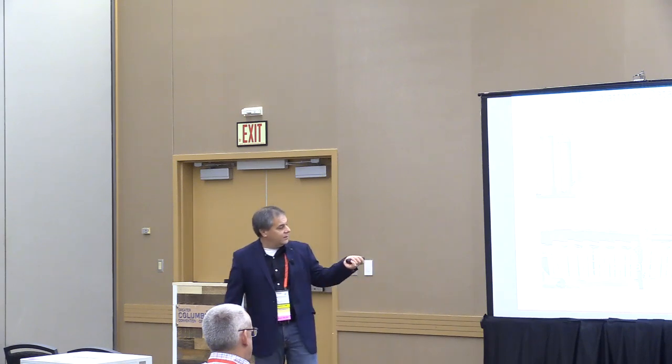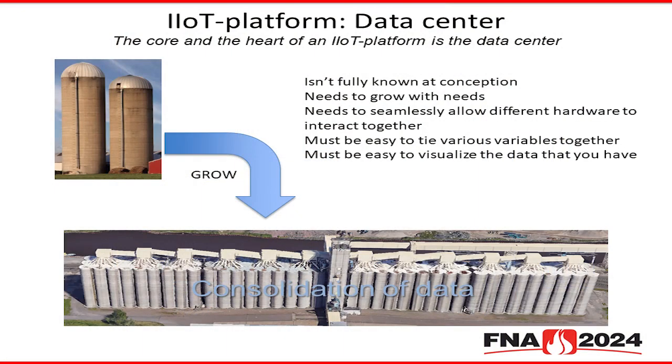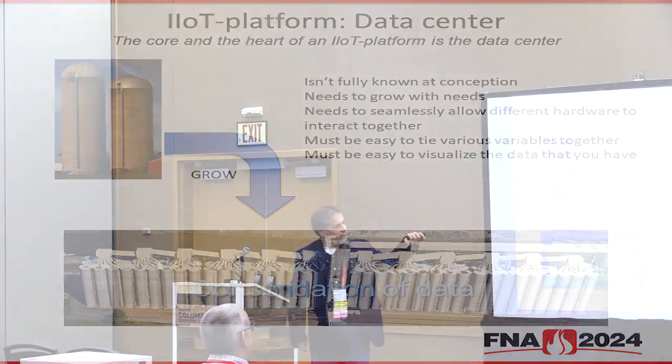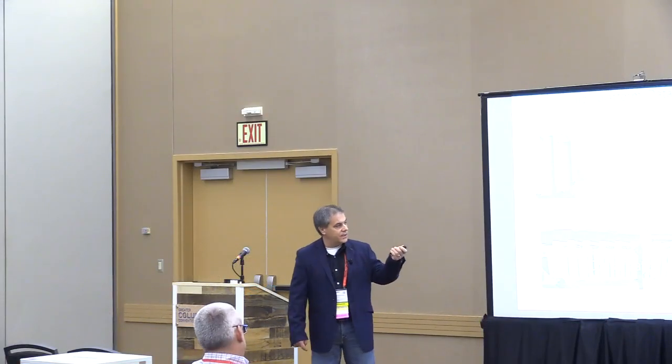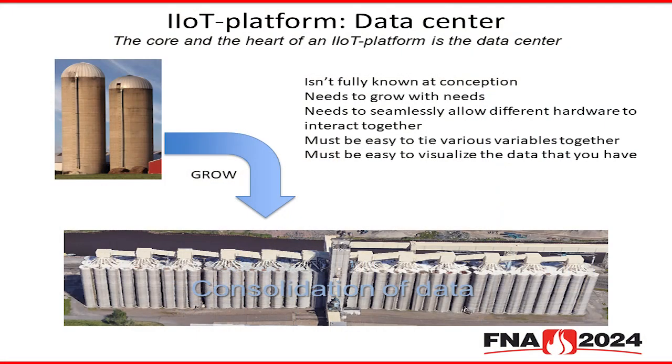But all of this other information, if I have access to it, then I can link it, all right? But I need to have an easy way to tie the variables. I need to have an easy way to visualize the data that I have, right? So I have a garage door app on my phone, and I have an alarm system app on my phone.